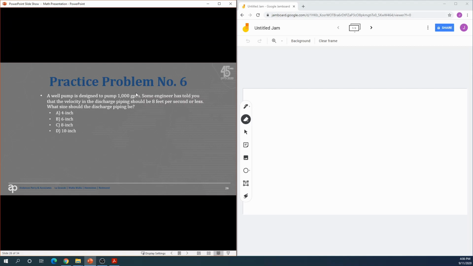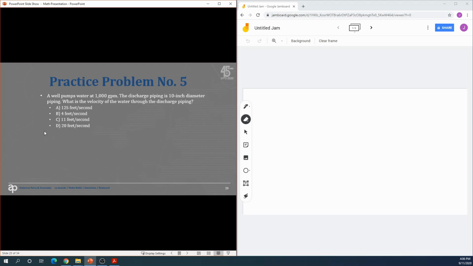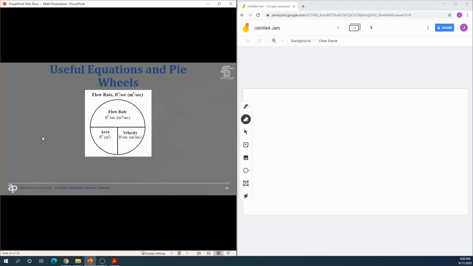So we have a flow rate of 1,000 gallons per minute, and we have a velocity of 8 feet per second. Going back to our pie wheel, we've got flow rate and velocity, so what we can do is solve for our area. When we know our area, we can solve for our diameter.